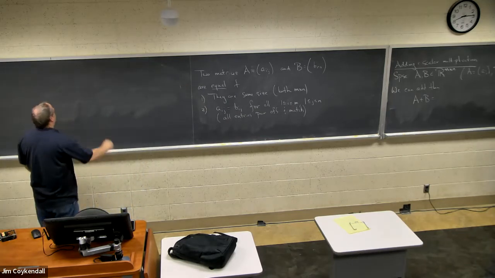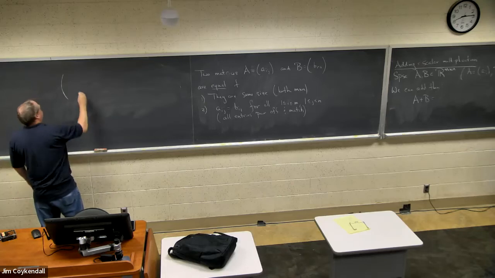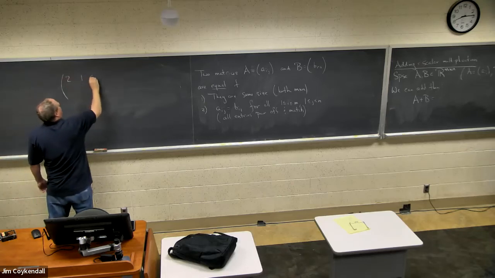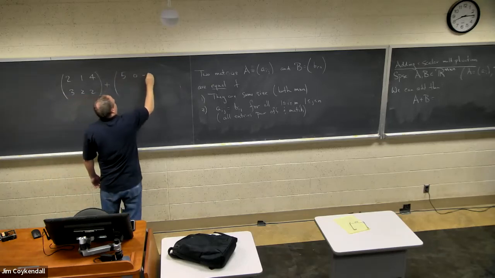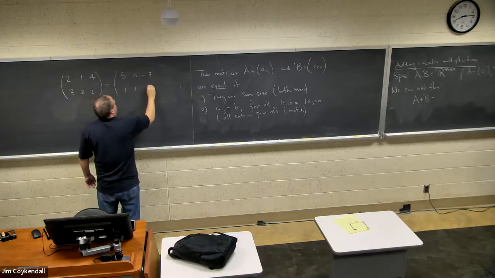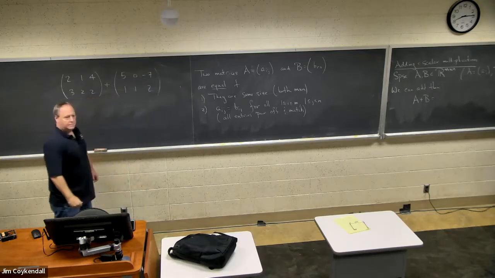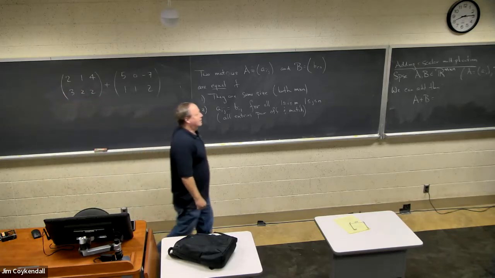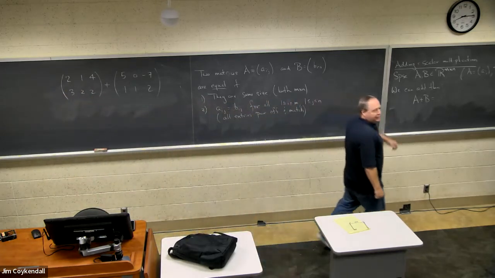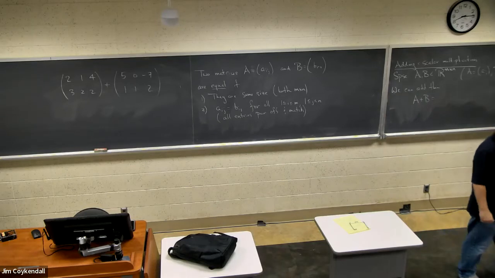Suppose I took 2 matrices. This is A and this is B. Now, to be able to add 2 matrices, they need to have the same size.